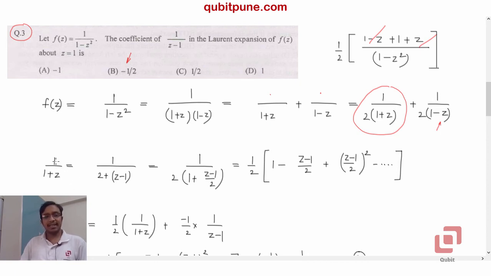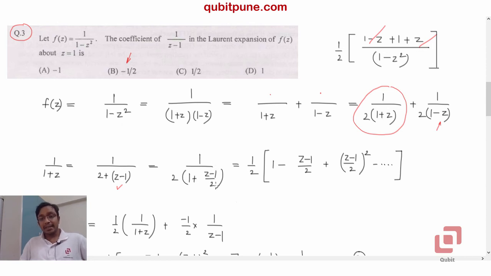Firstly, I will rewrite 1 upon 1 plus z as 1 upon 2 plus z minus 1. Okay, and then I have taken 2 common from both the terms, and this change is deliberate. We have to take 2 common because now it takes the form 1 upon 1 plus z minus 1 upon 2.